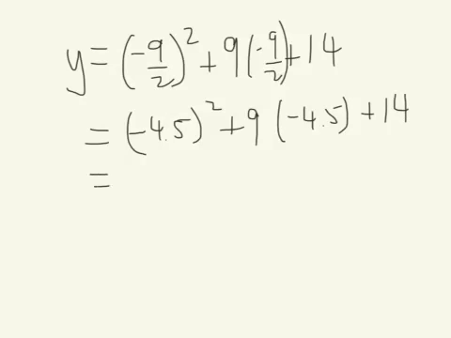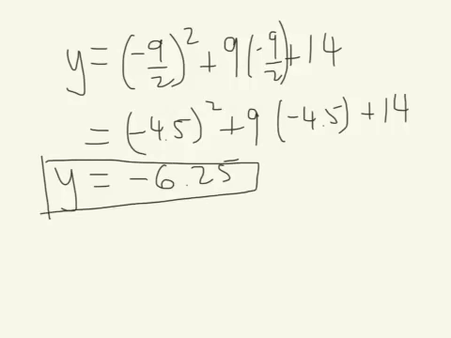Okay. So the answer to that is, good, negative 6.25. And that is our y. So there is our vertex. Our vertex is negative 4.5 and negative 6.25. All right, so there's our vertex.